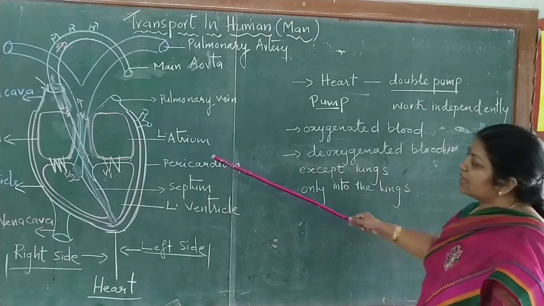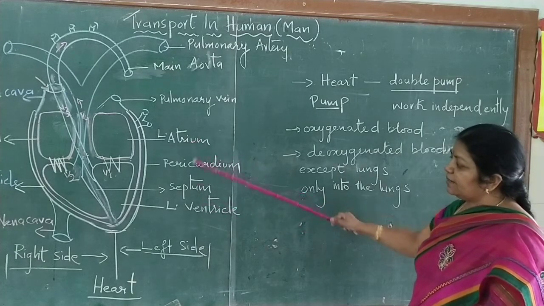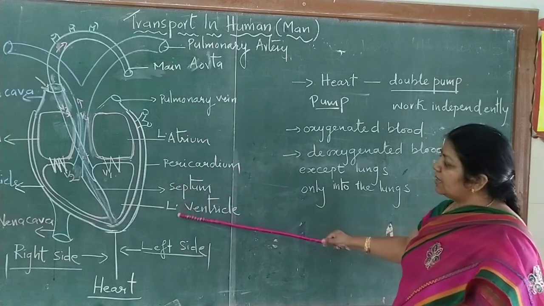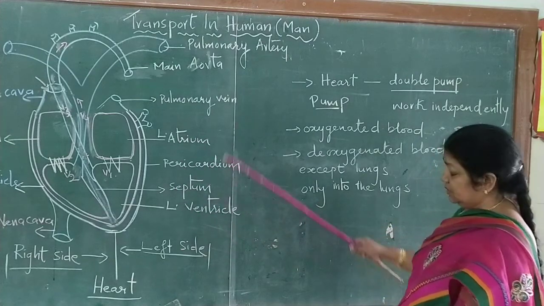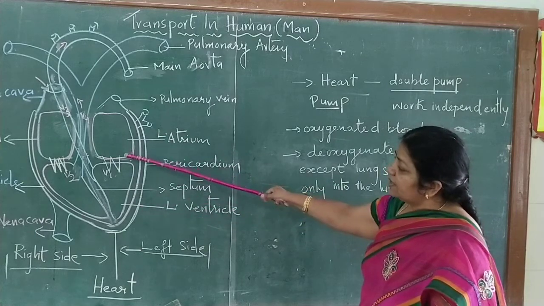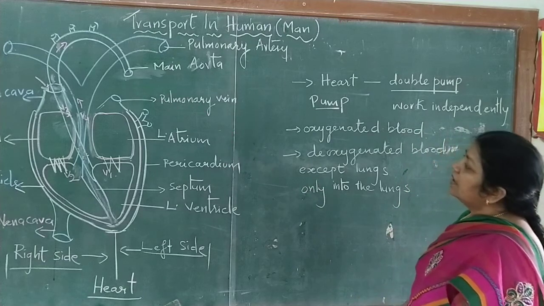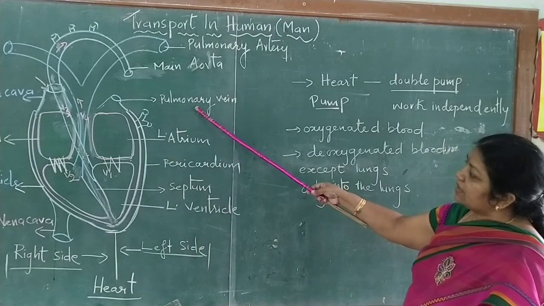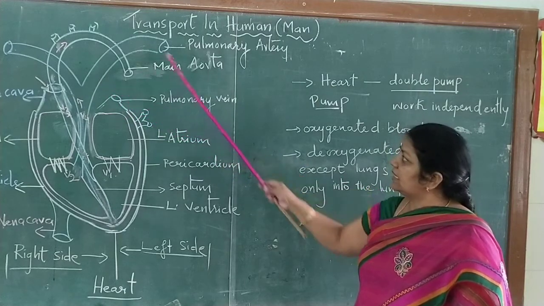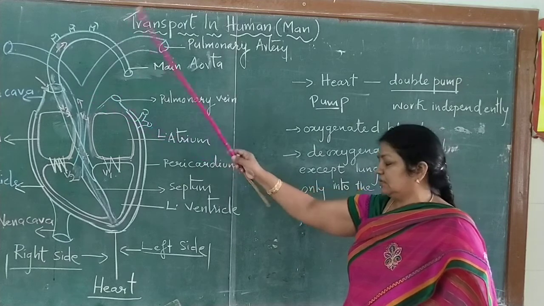Double pump means, when we come to the left side, the left atrium and left ventricle, the pure blood is circulated in this, and it comes from the pulmonary vein, which is connected to the lungs.